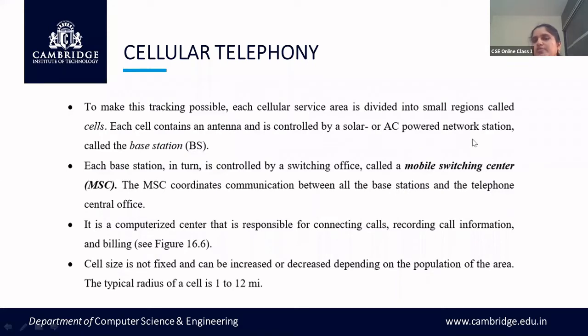This is the functionality of each base station. Each base station has an antenna, and it also has a solar powered network station to check how many mobile stations are connected to that base station.